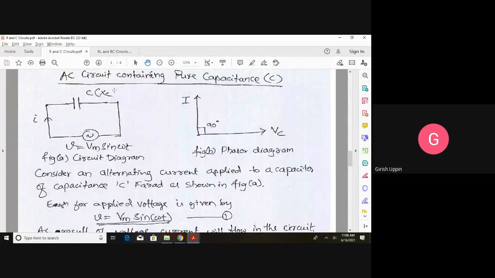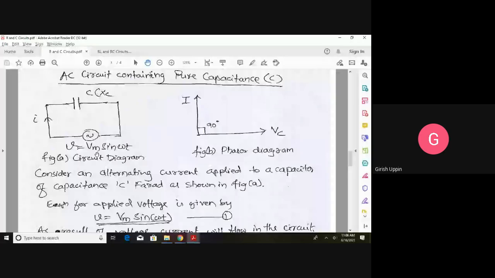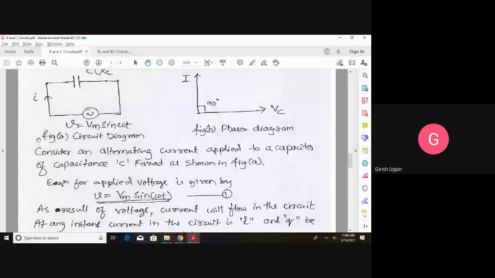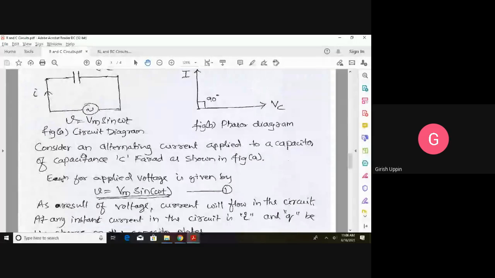When we apply an alternating voltage V is equal to Vm sin omega t, the current, which is also in sinusoidal form and alternating, is represented as lowercase i. Consider an alternating voltage applied to a capacitor of capacitance C farad as shown in the figure, then the applied voltage is represented as V is equal to Vm sin omega t.